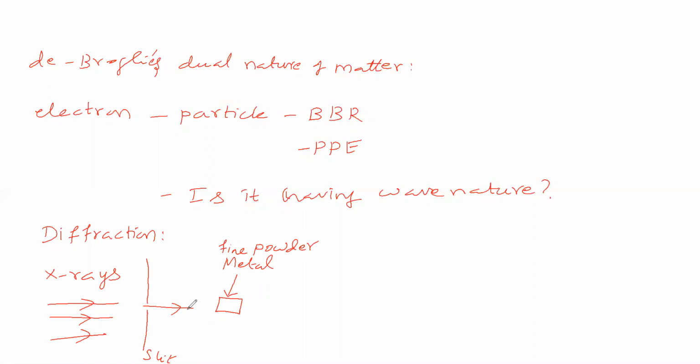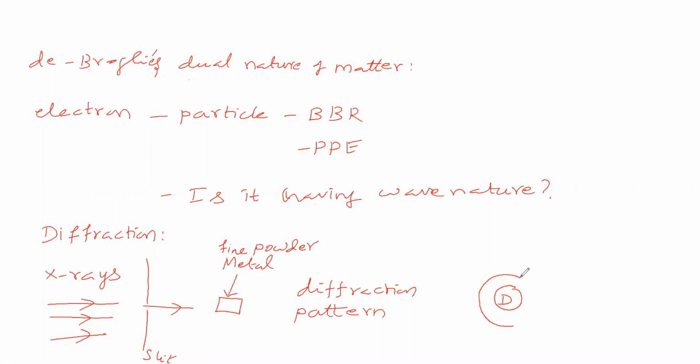Now X-rays are allowed to bombard this. The X-rays bombard it and undergo diffraction. Due to diffraction, we will get a diffraction pattern. How will the diffraction pattern be? First, suppose the center is dark.